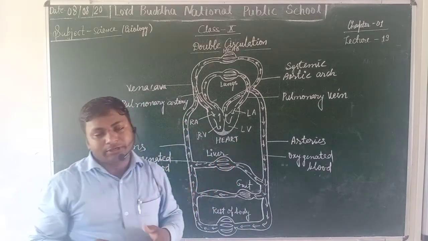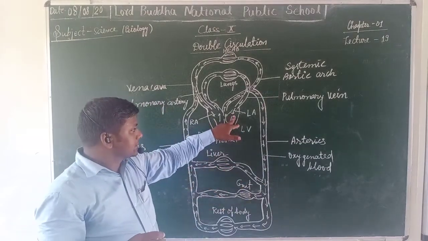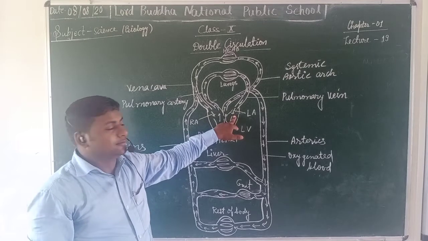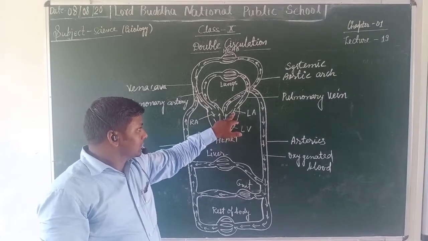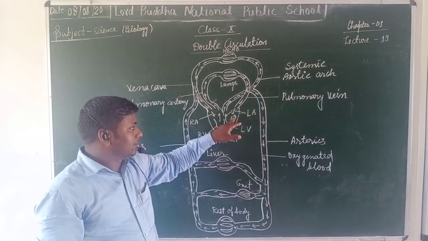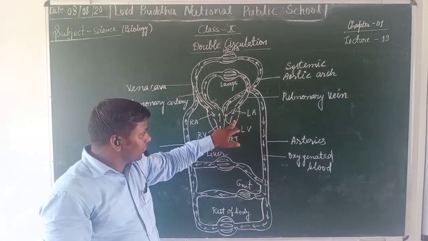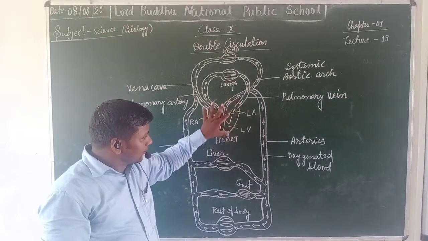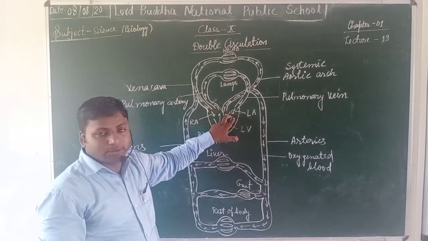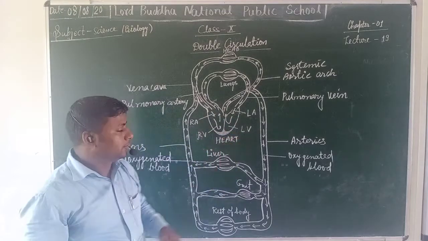This kind of separation of the blood is due to the presence of valves in between our atrium and ventricle. As you all know that in the left half of our heart, two valves are present, that is called the mitral valve or bicuspid valve.